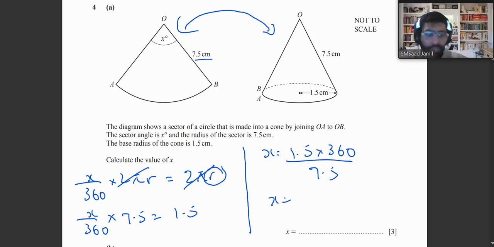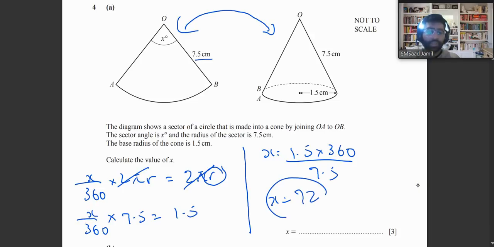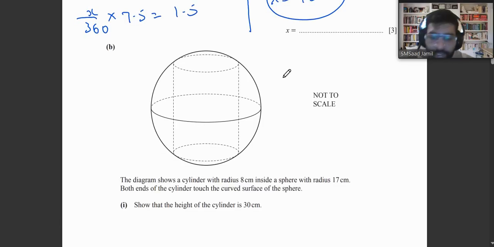So hence we will get the value of x. Let me do it for you guys. 1.5 multiplied by 360 divided by 7.5 is 72. So x is equal to how many degrees? 72 degrees.